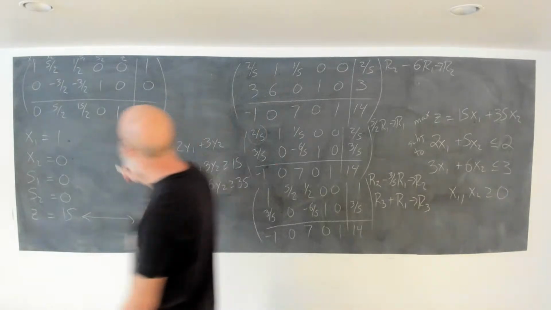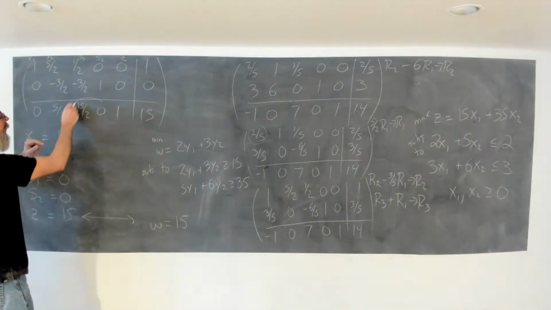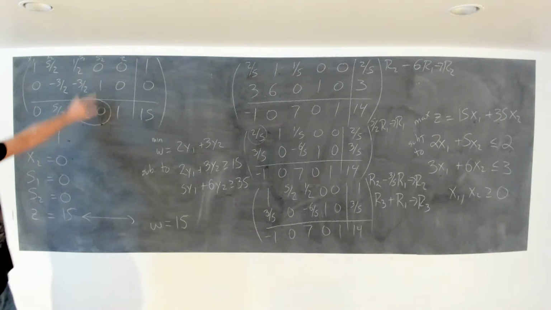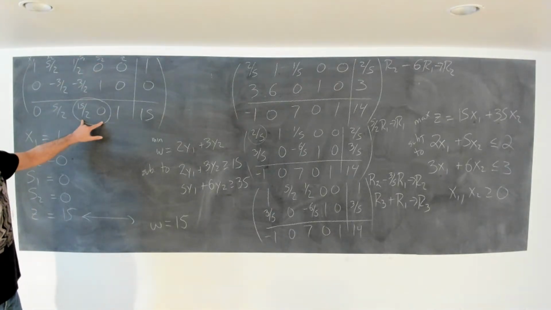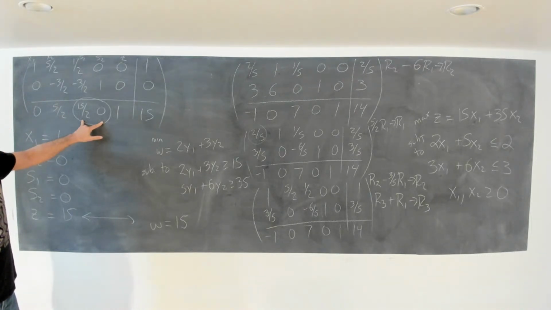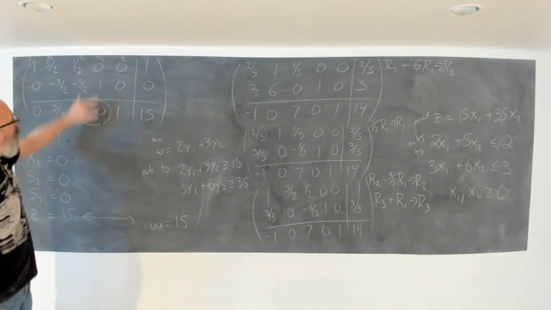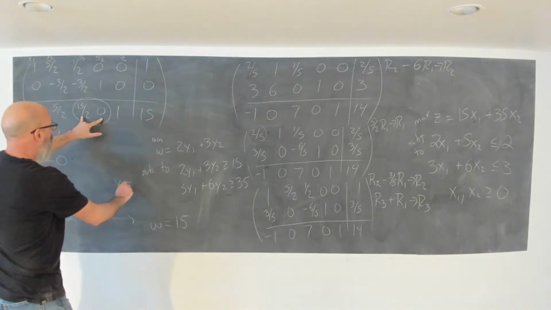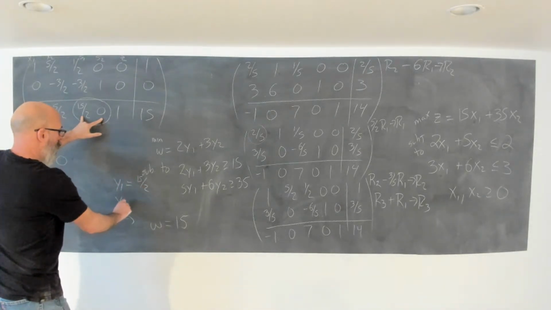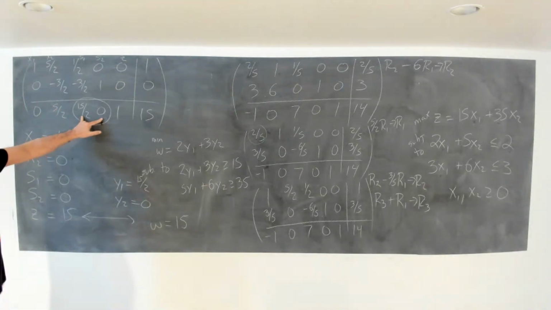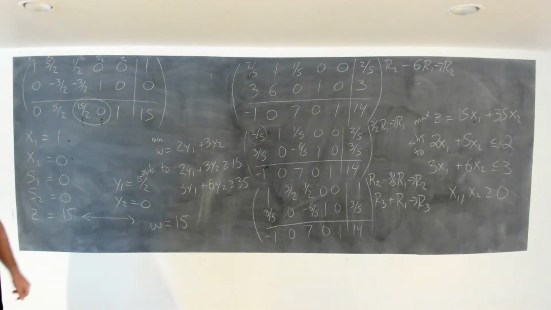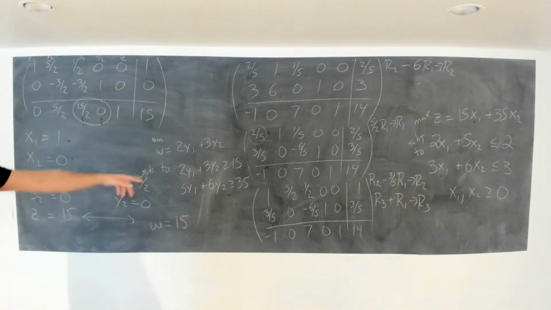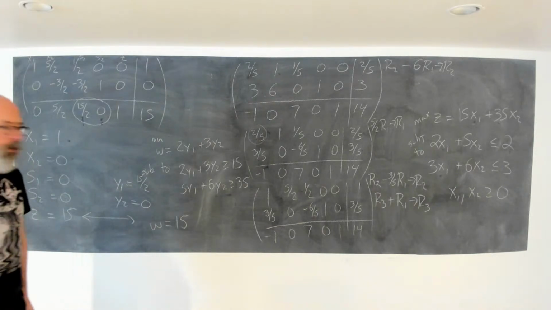Instead, they correspond to the last entries in the slack variable columns. So S1 and S2, last entries were 15 over 2 and 0. Y1 is 15 over 2. Y2 is 0. I'll let you observe how that works.